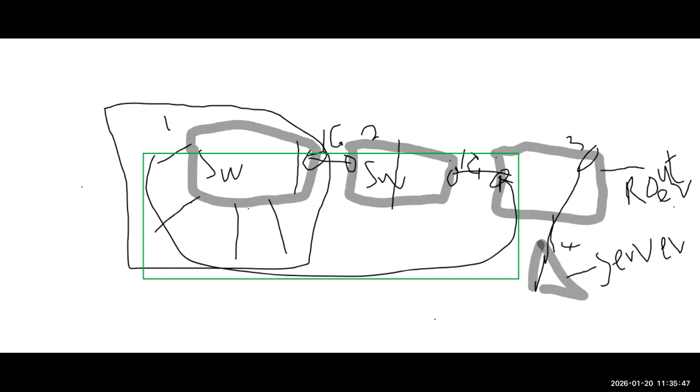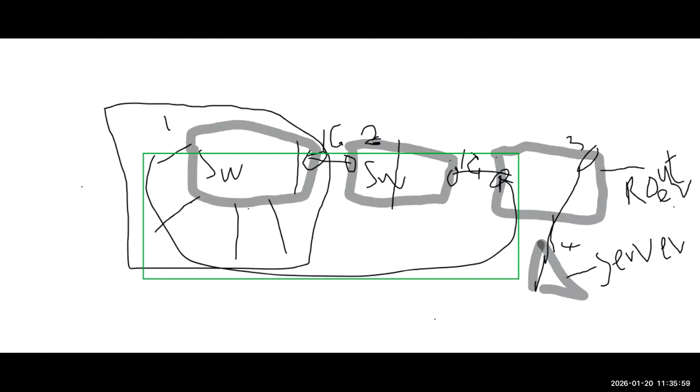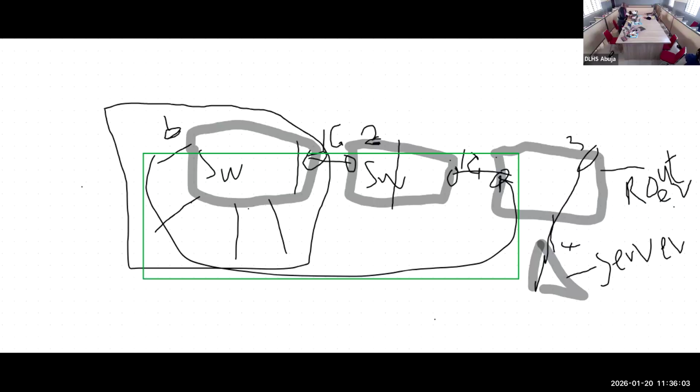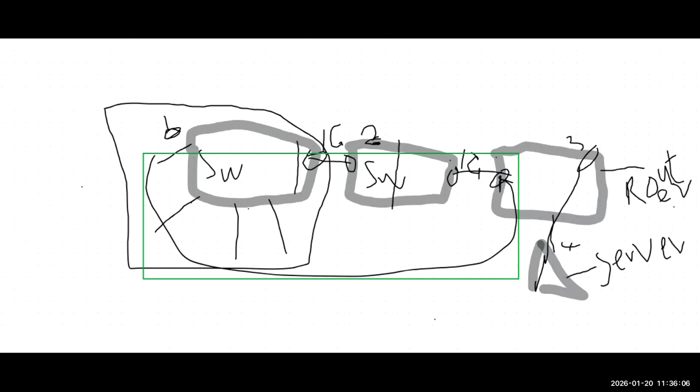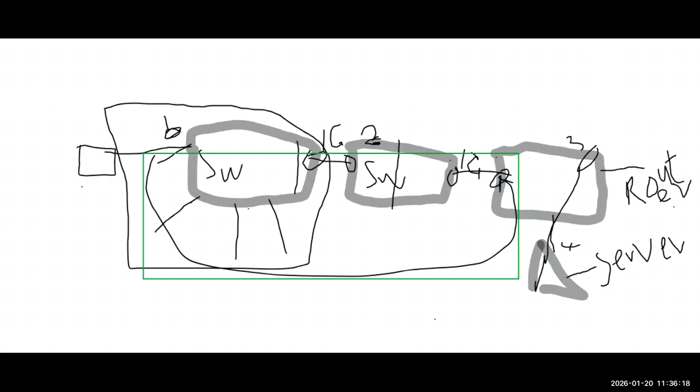Now they have this number 2, which is a switch. They have this number 1, that's another switch. Then I think they had another switch after number 1. Let's assume there's another switch here. Are you following? Yes, sir.